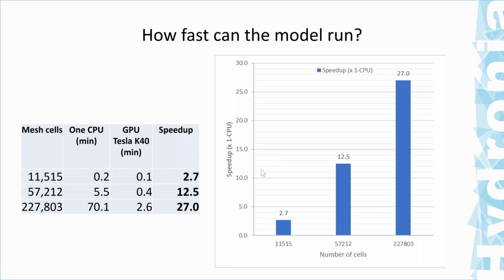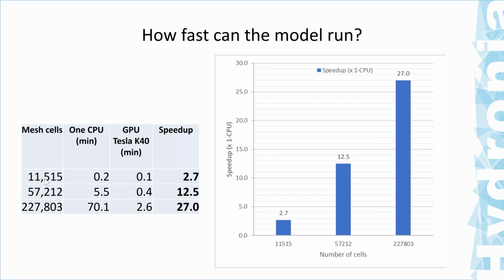Now, how fast can the model run? We have two versions of the model, the one that runs on CPU and multiple CPUs, and the one that runs on GPU that takes advantage of the multiple processors in graphic processing units. So we did a test to check the sensitivity of the model to the number of cells.